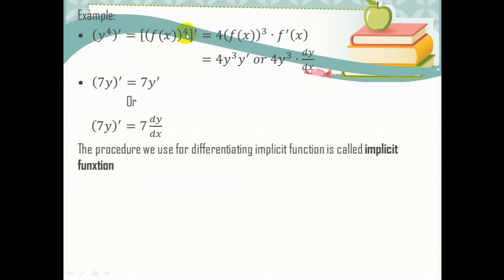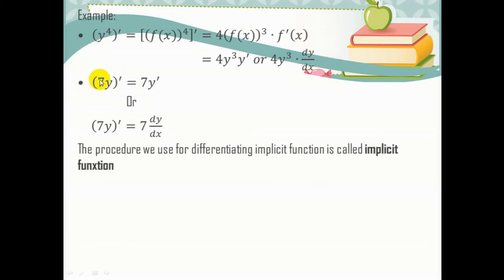In the general power rule, it is 4 times f(x) to the power 3 times the derivative of the function. Because y equals f(x), we change f(x) back to y. So we get 4y^3 times y prime, or another way to write it is 4y^3 times dy over dx, because the first derivative is equal to dy over dx.